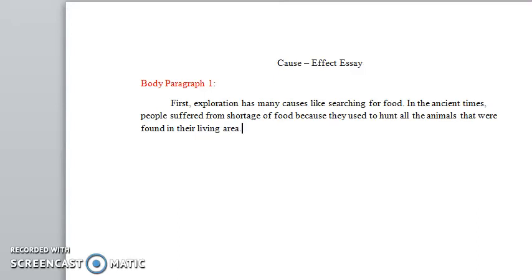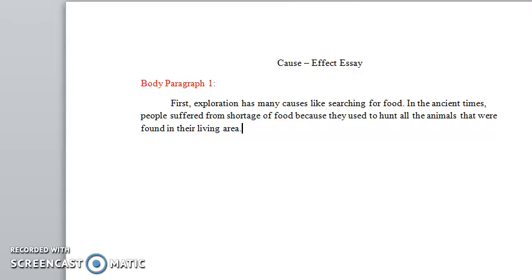If you remember the reading lesson that we discussed, we said that in the year 1000 or before, people used to live in small areas and they used to hunt animals in order to eat because there were no factories to make canned food and there were no restaurants, so there were just animals to eat. And because they used to hunt all these animals, animals became scarce.